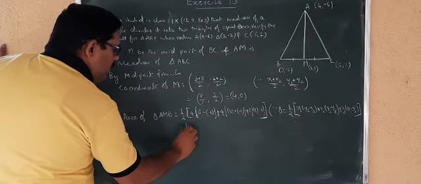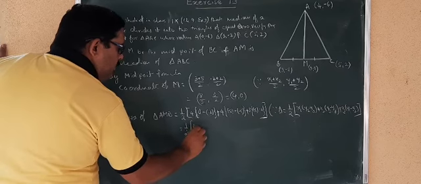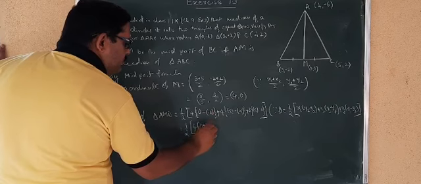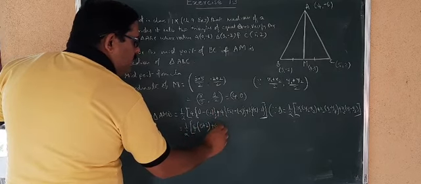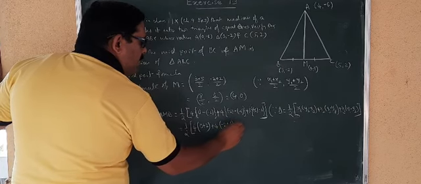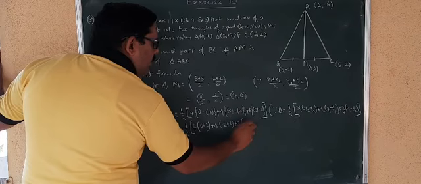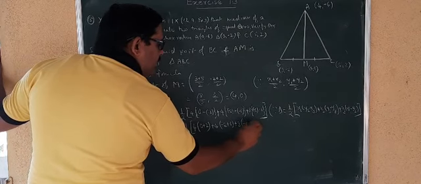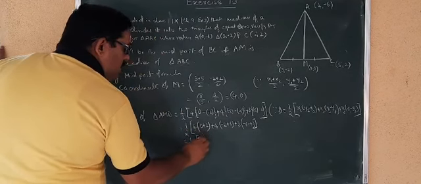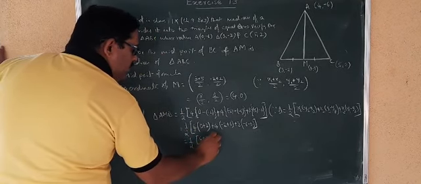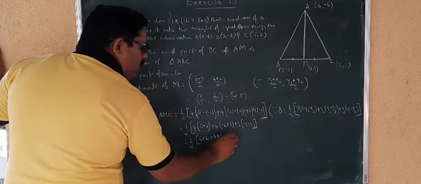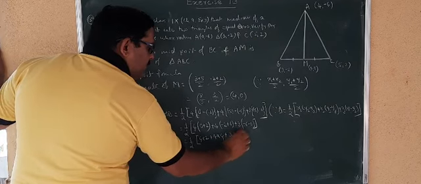So half into 4 into (0 minus minus 2) plus 4 into (minus 2 plus 6) plus 3 into (minus 6 minus 0), which is equal to half into 4 into 2 plus 4 into 4, since minus 2 plus 6 is 4, plus 3 into minus 6.